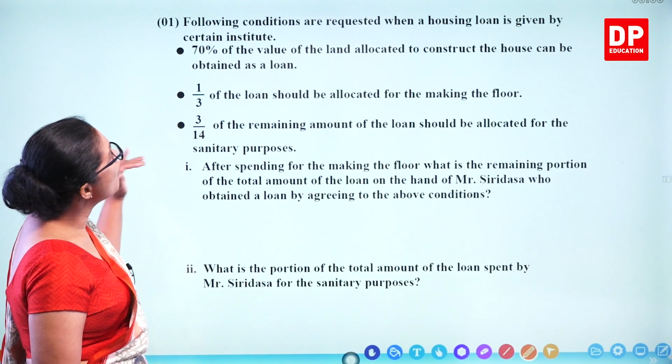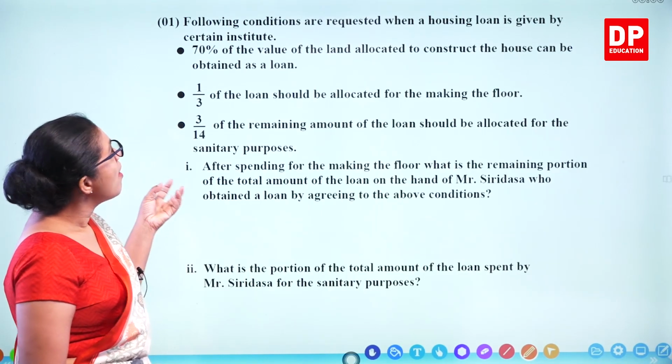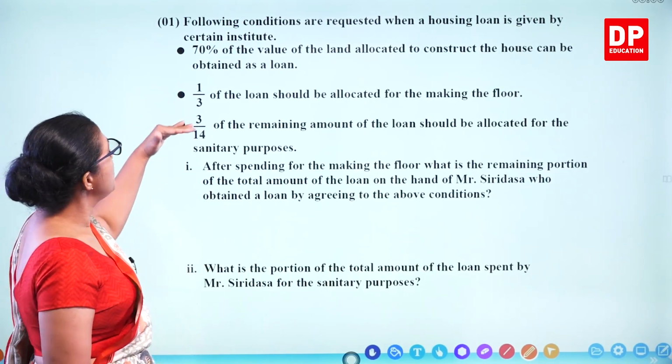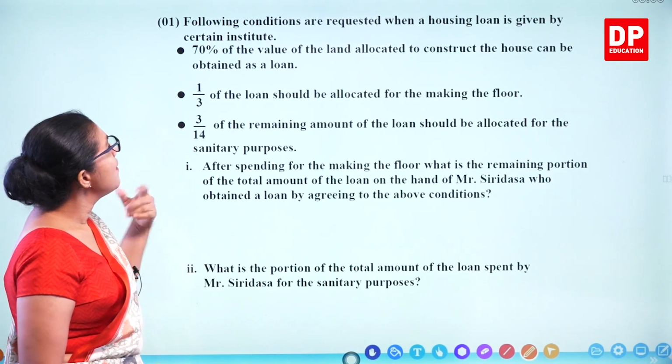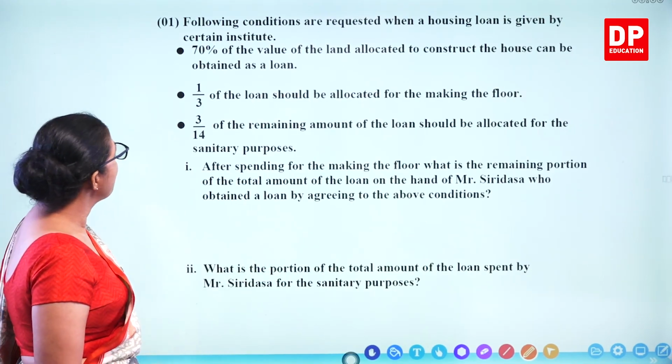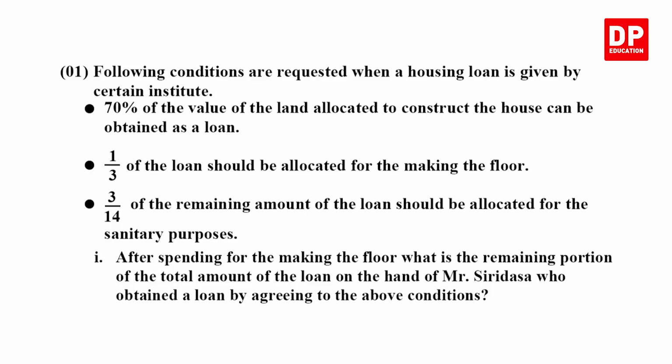So these are the requirements. When you are given a loan, these should be satisfied. Step by step, they are giving money. After spending for making the floor, what is the remaining portion of the total amount of the loan on the hand of Mr. Siridasa, who obtained a loan by agreeing to the above conditions?